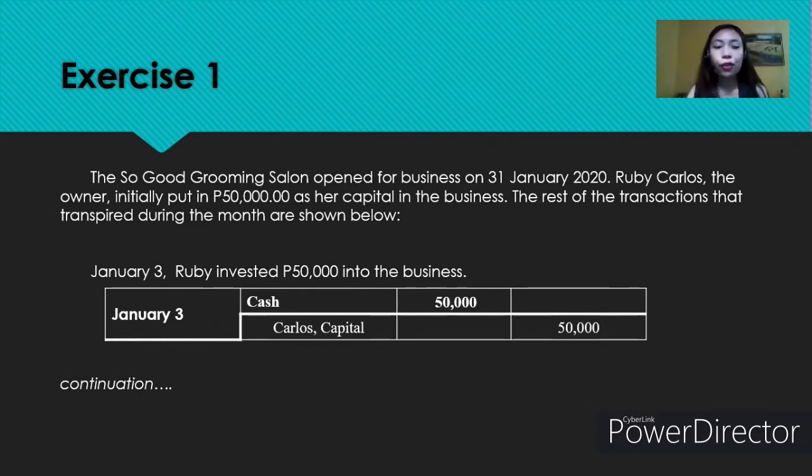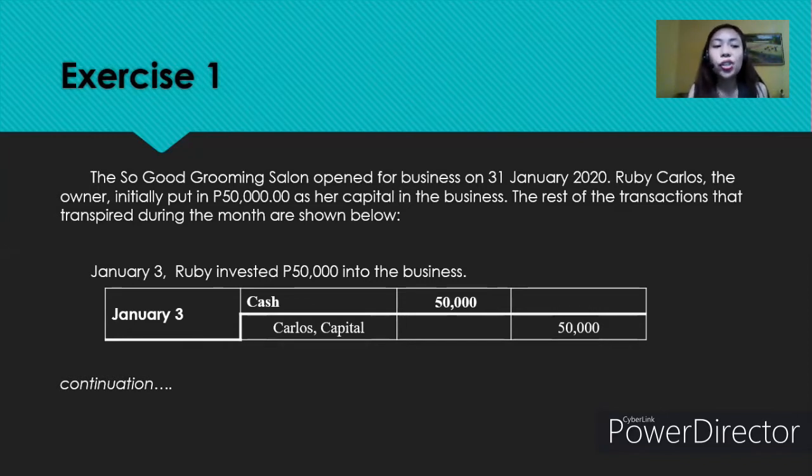Okay. So for Exercise 1, we will have here a scenario wherein we will encounter different transactions. And this is about the time wherein we are going to journalize the entries of such transactions. Okay, so the problem would be: So Good Grooming Salon opened for business on 31 January of 2020.